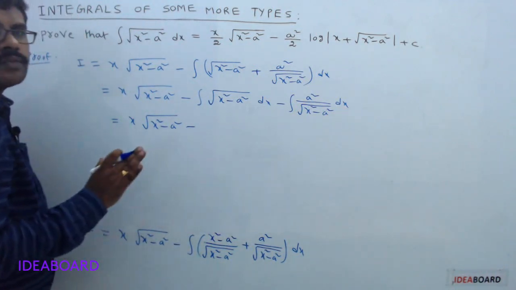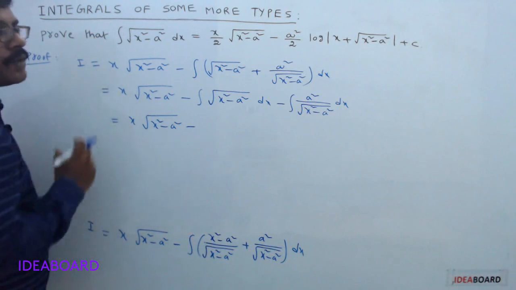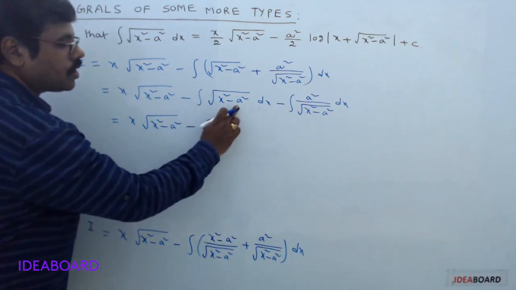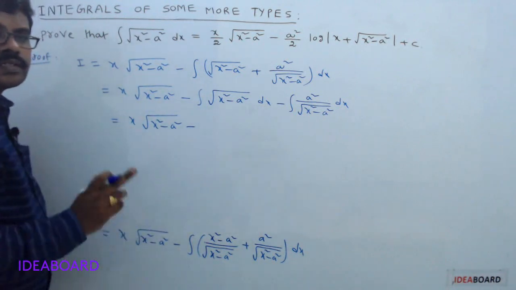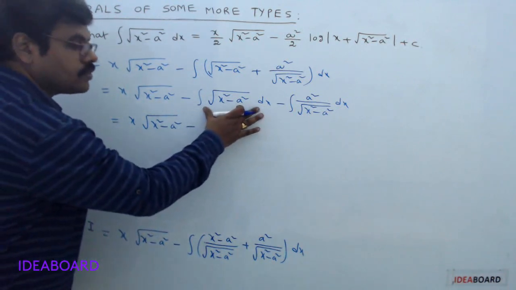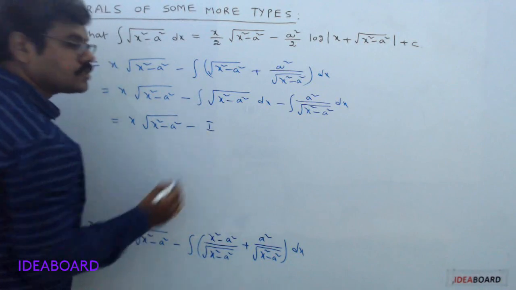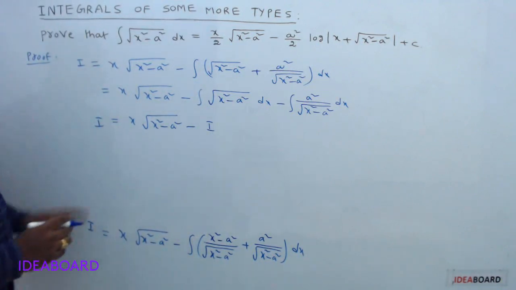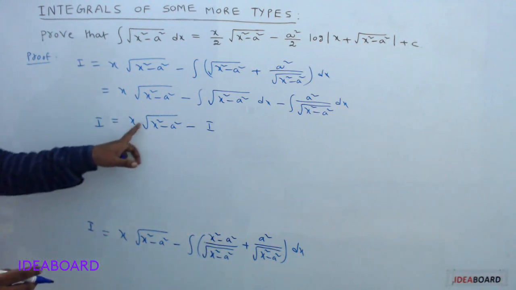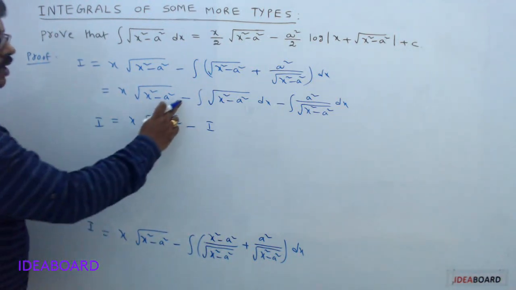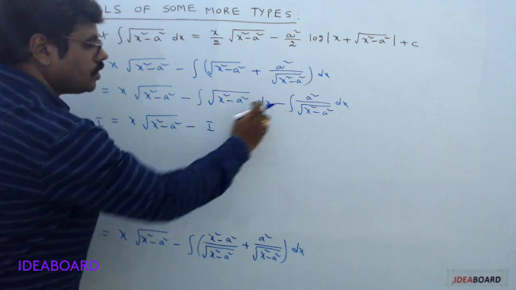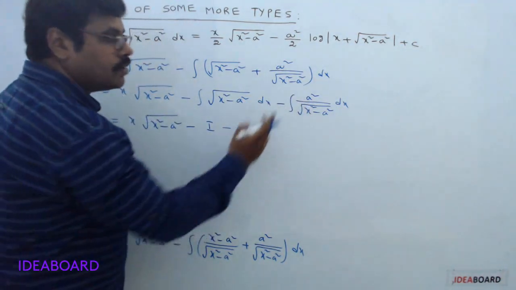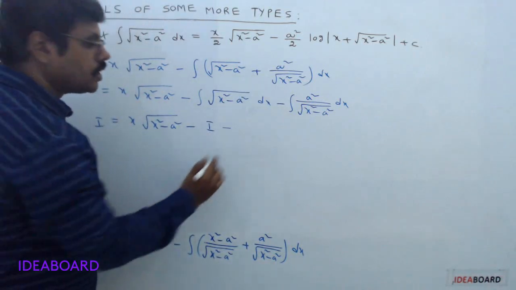So in the beginning of the derivation, already we are considering integral root of x square minus a square dx is I. So in place of this expression, you can take it as I. So LHS part is also I. So I equals x into root of x square minus a square minus, this is the value of I, minus a square is the constant term, you can take it outside of integral.